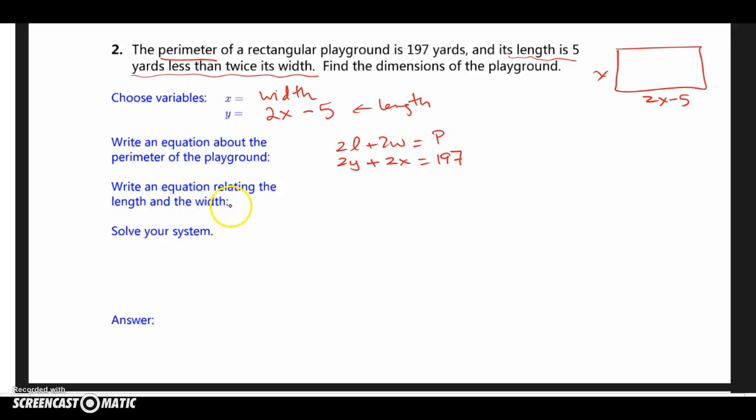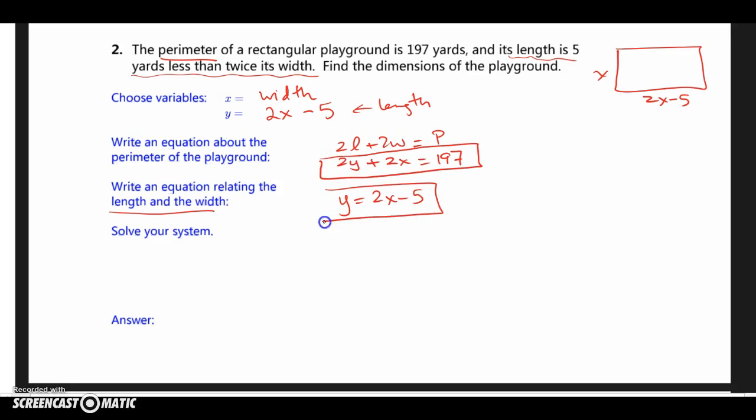And write an equation relating the length and the width. I already have that here. y equals 2x minus 5 could be the other equation that relates the length and the width. So they're kind of forcing me to come up with a system and then solve the system. So there is the perimeter equation, and there is the equation that relates the length and the width.